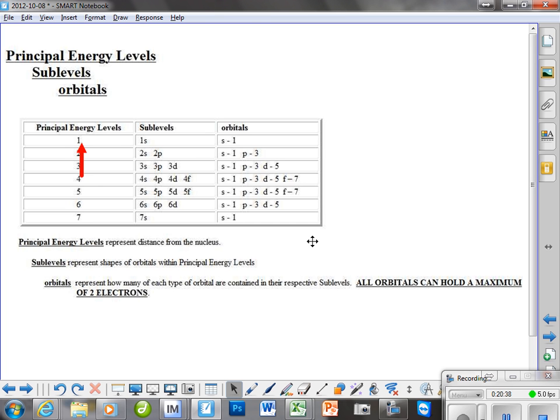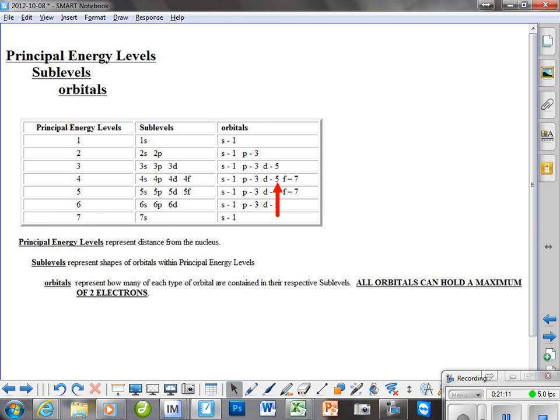Principal energy level 1, we have the 1s, that's all that's there. Principal energy level 2, we have the 2s and 2p sublevels. Principal energy level 3, we have another sublevel. Principal energy level 4, we have a fourth sublevel. The upside down triangle you're going to print for tonight will show you those 4. You're supposed to fill in principal energy levels 5, 6, and 7.